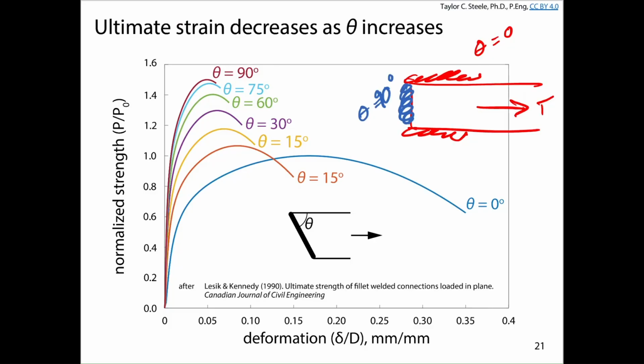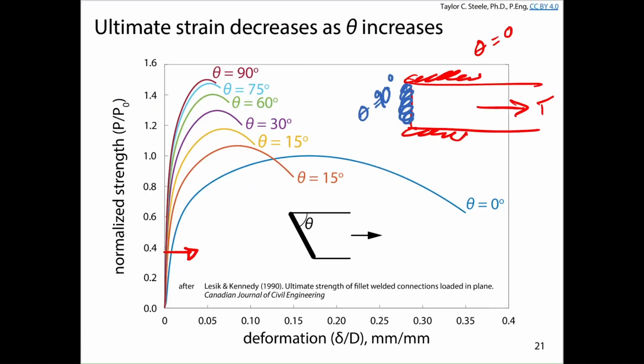Well, if we have the welds in shear and we have the welds in tension, and we're pulling the connection apart, generally speaking, the deformation rate is going to be about the same. We're basically going to be stretching the welds more or less the same at each point in time.